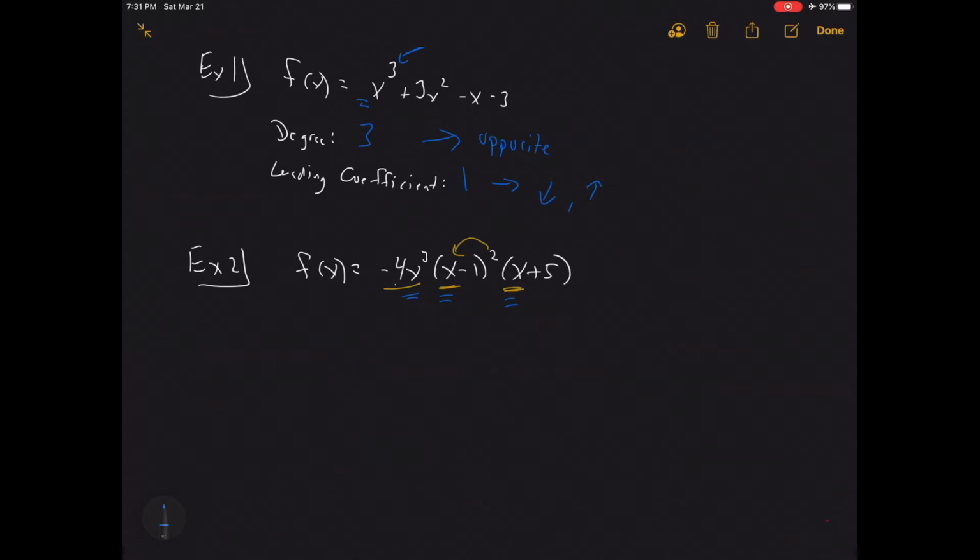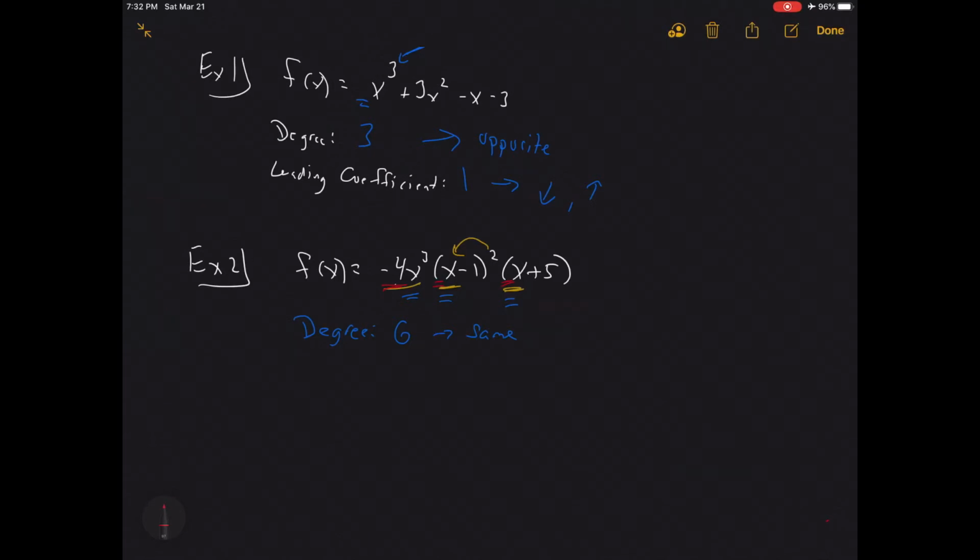so your degree here would actually be 6. So this is going to be even, which means that these ends are going to go in the same direction. And then you also have to look at the leading coefficients. The leading coefficient here is 1, the leading coefficient here is 1, but the leading coefficient out here is negative 4.